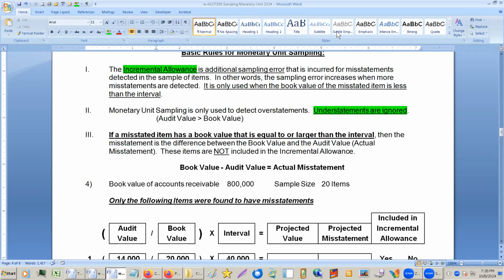When you find something that's wrong, you ignore it? What do you mean ignore it? It's wrong. But it's this method. If you do find understatements, it's not supposed to find those. It ignores them. Says there's no problem here.